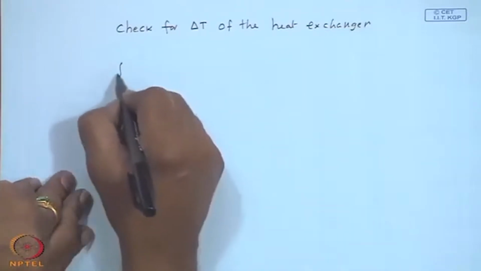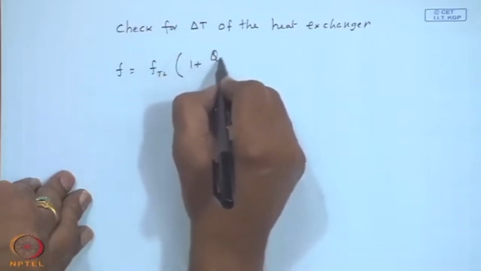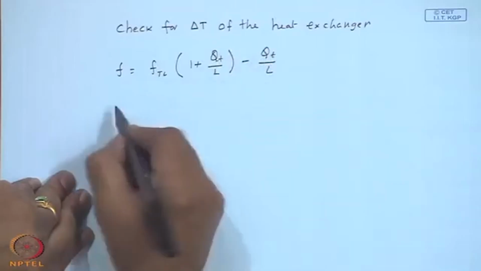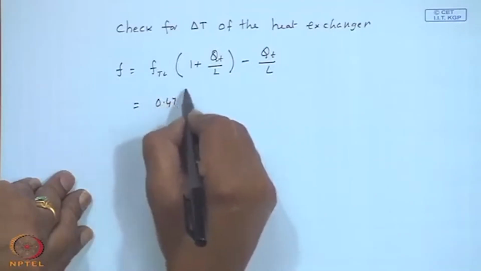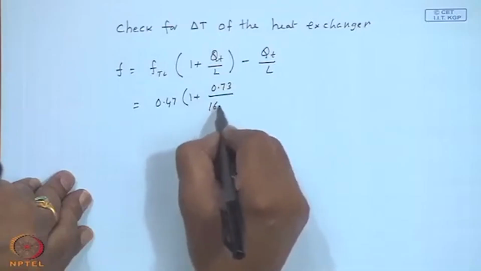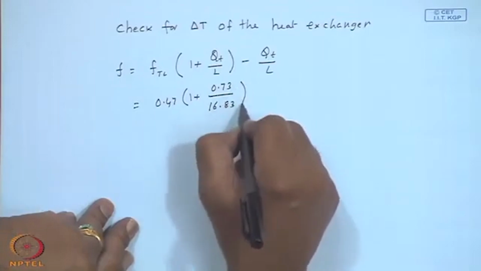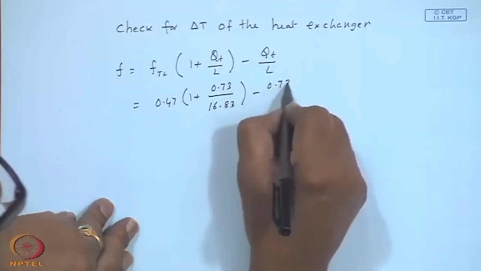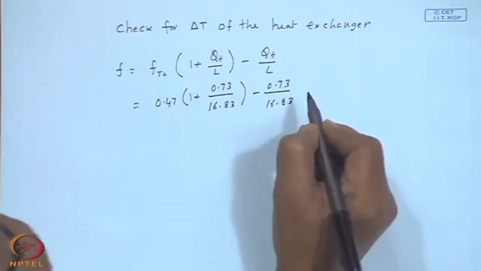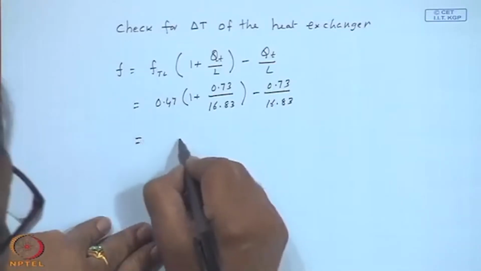Now, we got F will be F T L times 1 plus Q T by L minus Q T by L, that is equal to 0.47 we got times 1 plus 0.73 by 16.83 minus 0.73 by 16.83. That will be equal to 0.45.